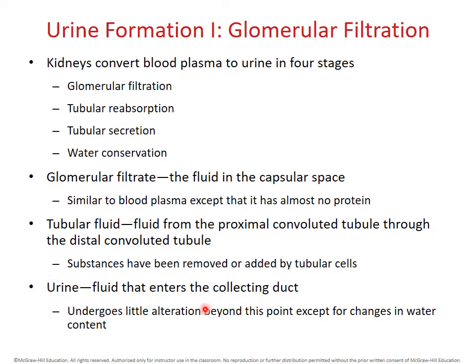Beyond this point, really, the only significant change that might take place is, again, reabsorption of water, the very last final control to determine exactly how concentrated the urine might be in terms of solute concentration. But other than that, it doesn't change very much, so we do call it urine once it makes it into the collecting duct.